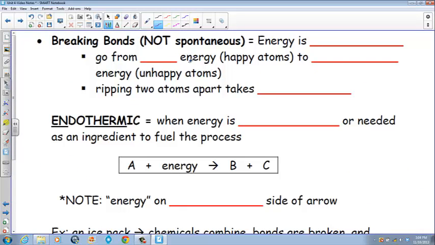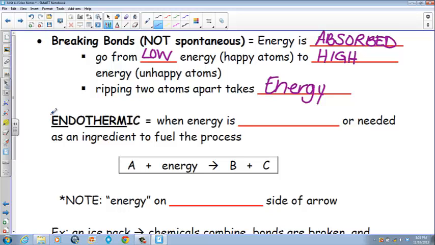Now, breaking bonds, which is not spontaneous, energy is going to be absorbed. We go from low energy, happy atoms, to very high energy, which means they're unhappy. Ripping the two atoms apart takes energy. Anytime you think of Velcro, you need to input energy to pull those two pieces of Velcro apart.